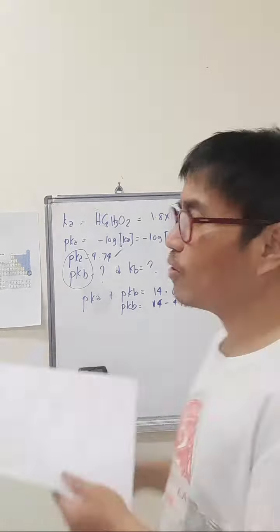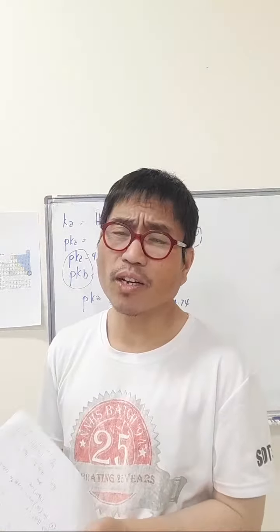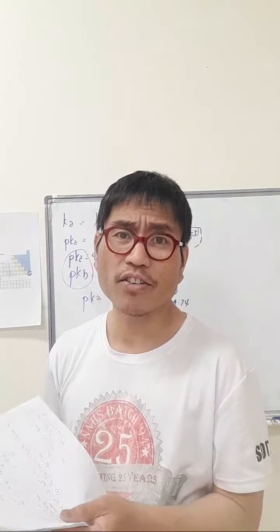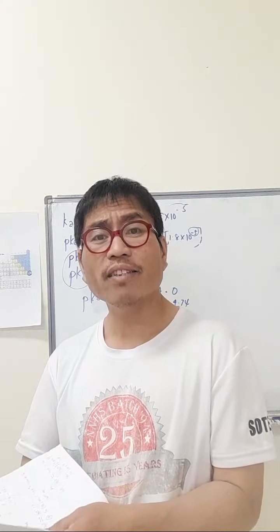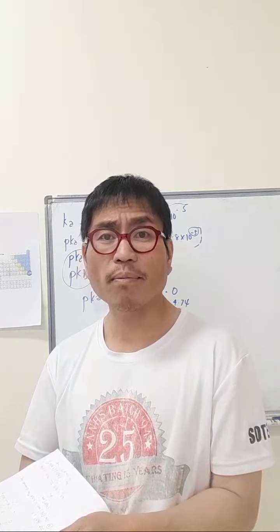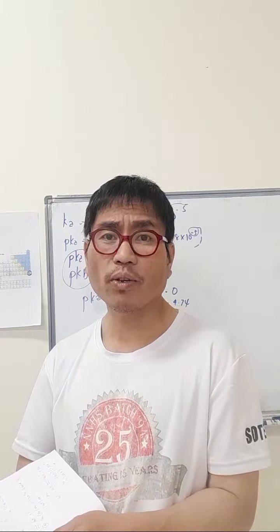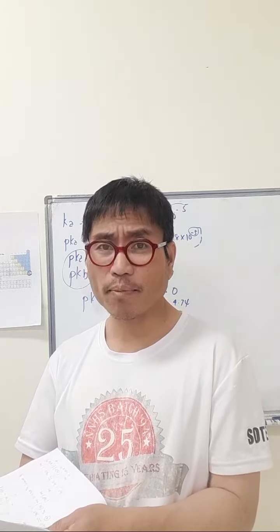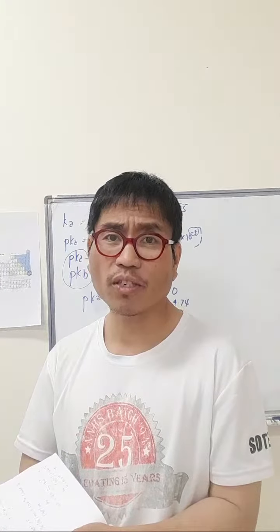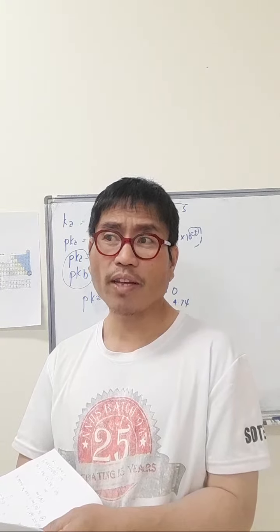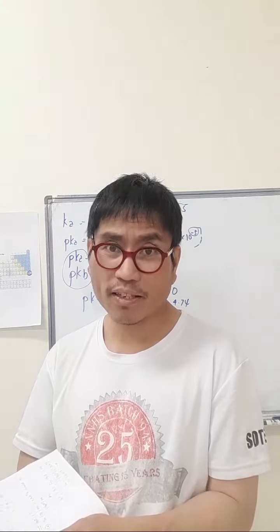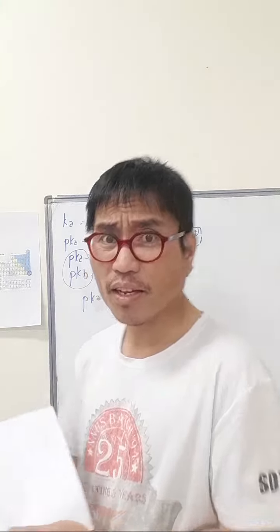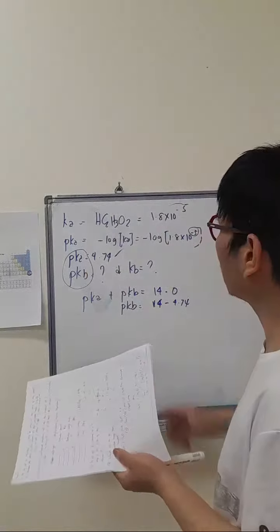4.74. And take note, without passing algebra, you can never proceed to second year college, because algebra is the prerequisite of all mathematics and science, and of your higher engineering courses. That's why it's 5 units. It's very necessary.